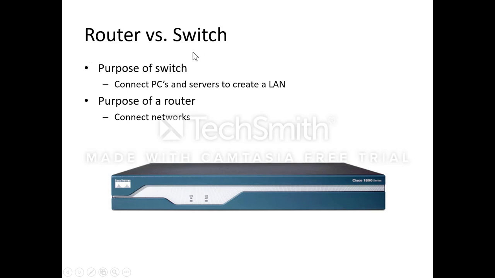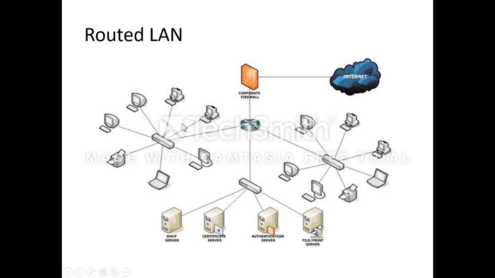The difference between a router and a switch is that whereas the purpose of a switch is to connect workstations and servers to create a single local area network, the purpose of a router is to connect networks to networks. In this diagram, we can see that this switch right here connects all of these computers together to form one local area network.